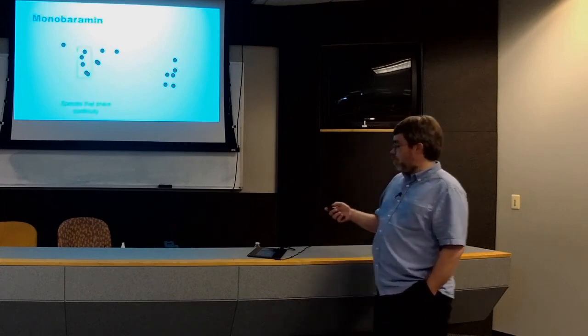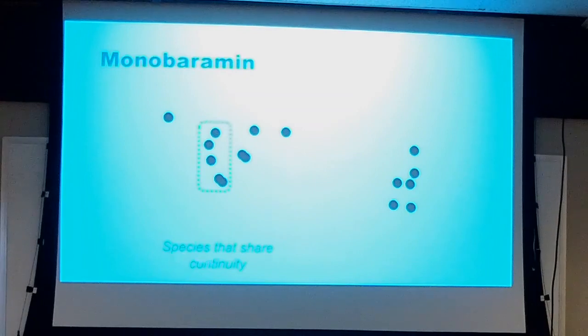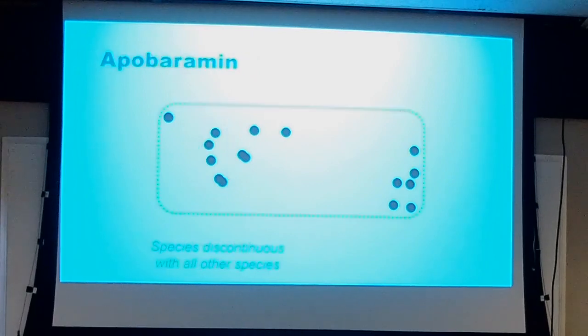So a monobarometer then would be understood as species that share continuity. If each one of these dots is a species, then dots that are close together, significantly similar, are a monobarometer. An Brahman then would be species that are discontinuous with all other species, where you could look out around these two clusters and you find nothing. That would imply that there is a significant difference between this group and everything else.